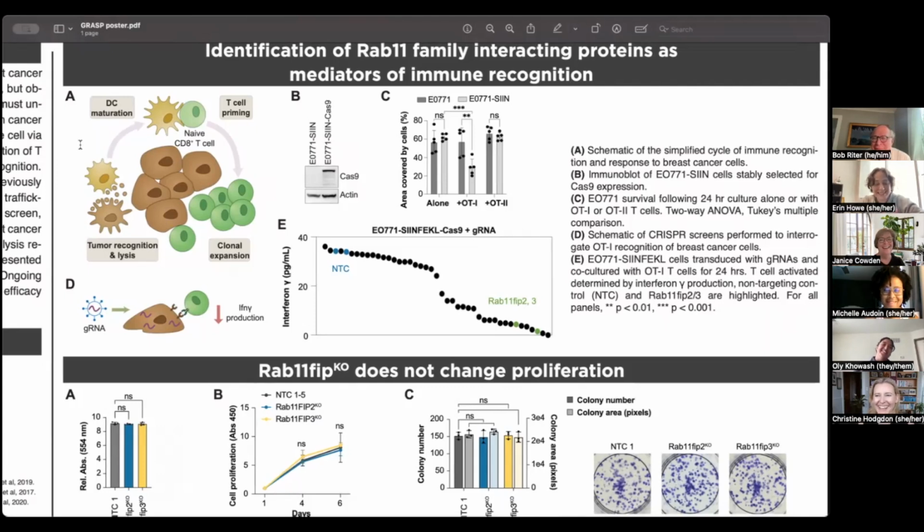Essentially, they're going to take up some of that, process it, and present it to those T cells. The T cells then become primed, which means they are now ready to actually interact with cells. If they see that little bit again, they will be able to recognize it.